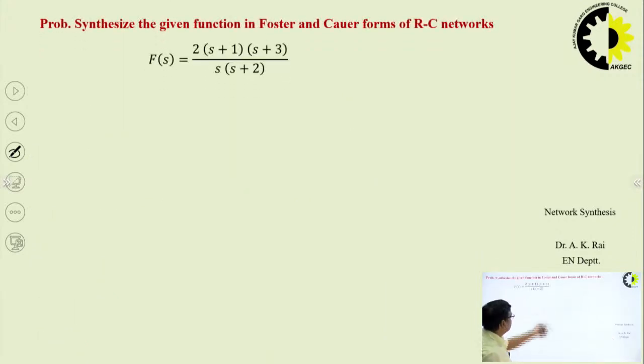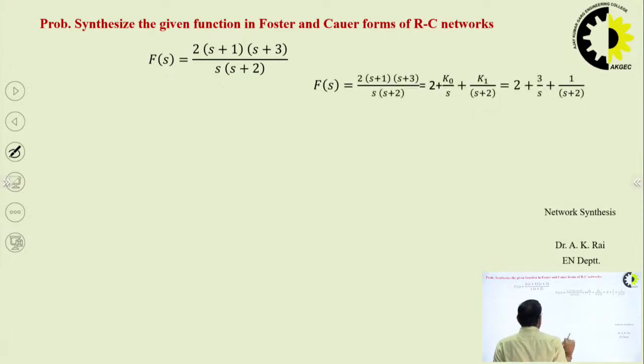Suppose this is the given function and you are required to synthesize it in Foster and Cauer forms of RC networks. Okay. So first we have to check whether the given function, Fs, is impedance or admittance. So Fs is equal to this.